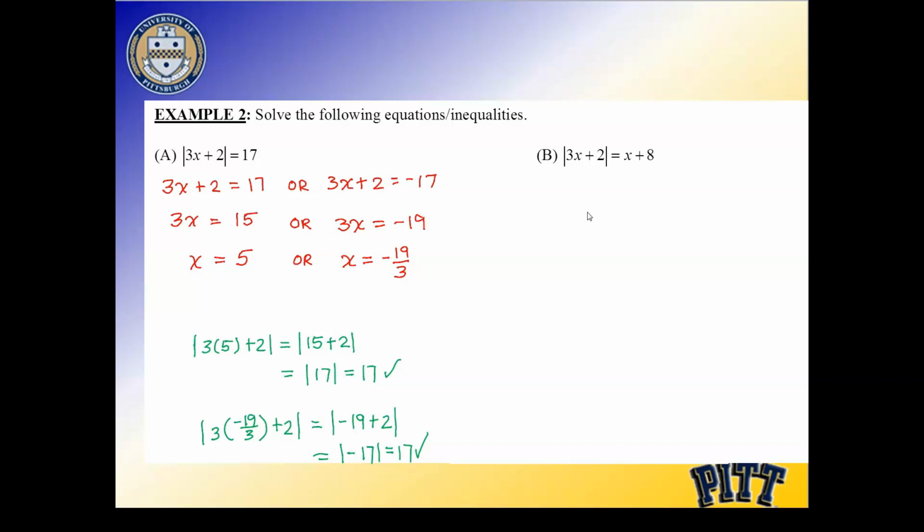When I go through the process, I'm going to go through the exact same process I did in part A. I'm going to say 3x plus 2 could either equal x plus 8, or it could be the opposite of x plus 8. The thing is, I'm working under a premise that x plus 8 can only possibly be positive.